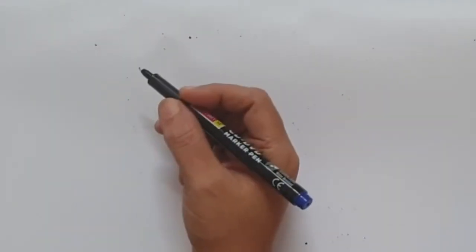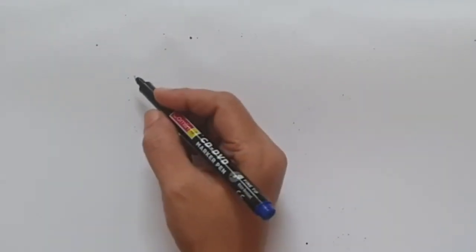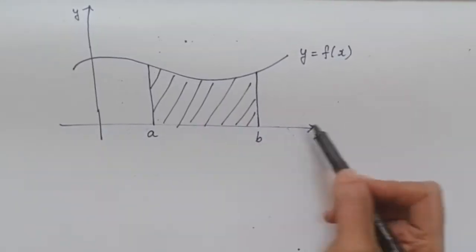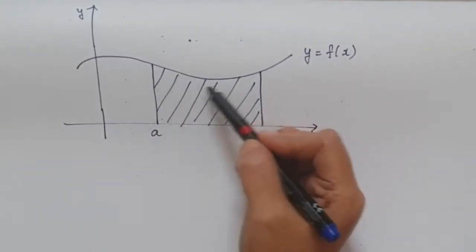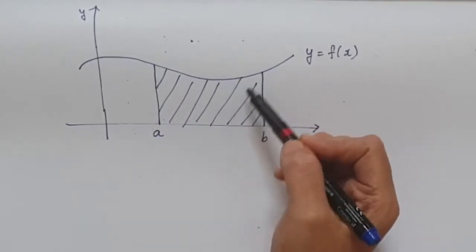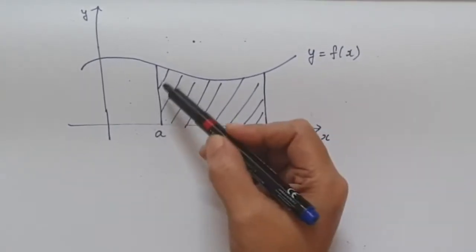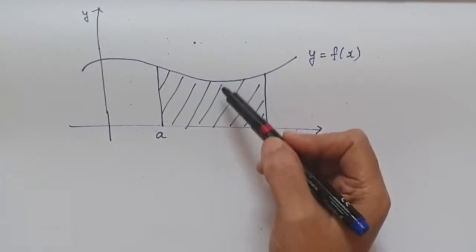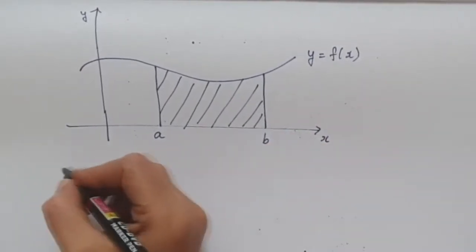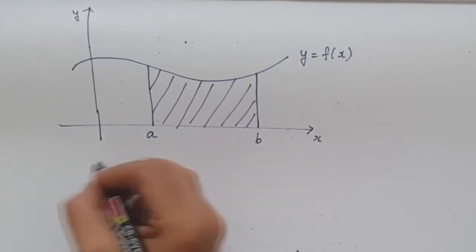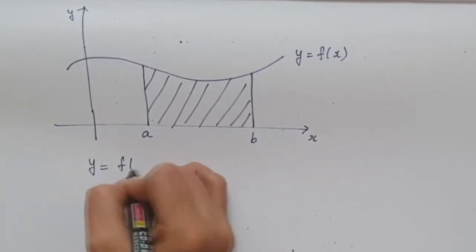With the understanding of definite integral, we'll see how to find the area. This is the graph which is given to us. In integration, we can find the area below the curve and the x-axis. The area which is in between the curve and the x-axis can be found using integration. So now here we have the area under the curve y equal to f of x.